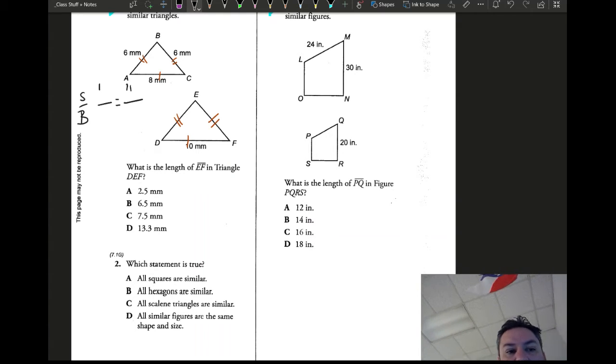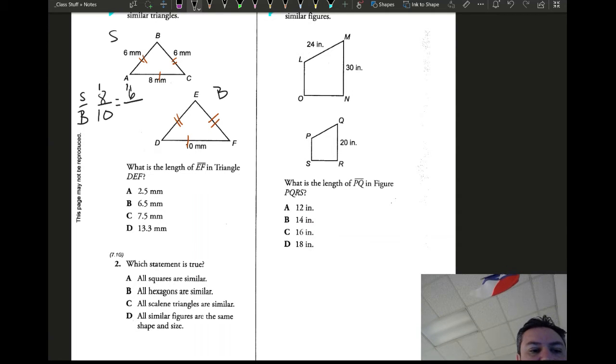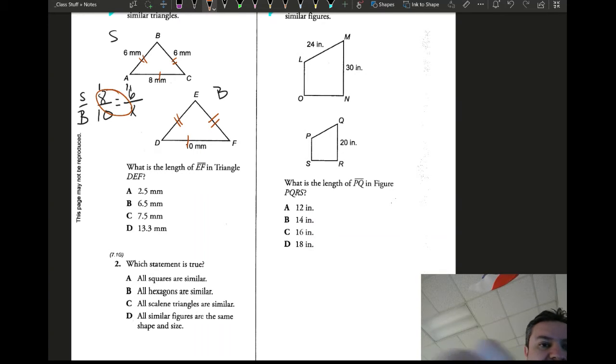So S1 is going to be 8. B1 is going to be, this is the small one and the big one, right? This is 10. Now S2 is 6. So this is X. When you do butterfly, you multiply these two, and then you multiply those two.